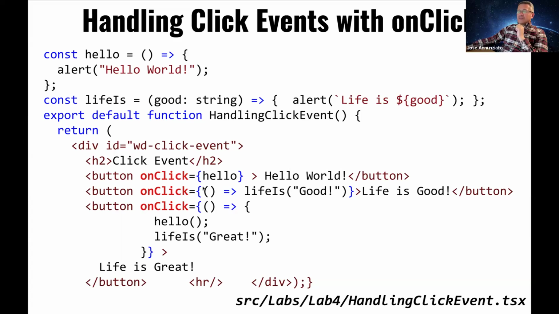If it doesn't have the outer parentheses and the arrow, it will immediately execute life is good, even if you did not click it, because it interprets the parentheses on the right-hand side of a function as an invocation.